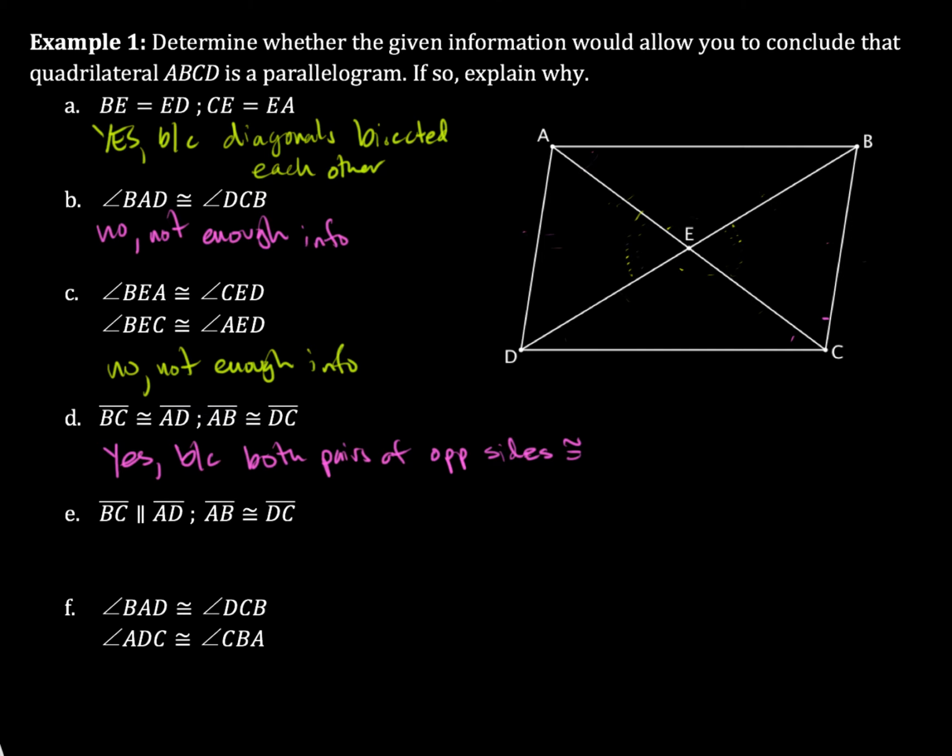Next up, segment BC is parallel to segment AD, and AB is congruent to segment DC. So we have one pair of sides that are parallel and a different pair of sides that are congruent. And again, some people might say, oh, yep, I remember something about parallel sides and congruent sides makes the shape a parallelogram.